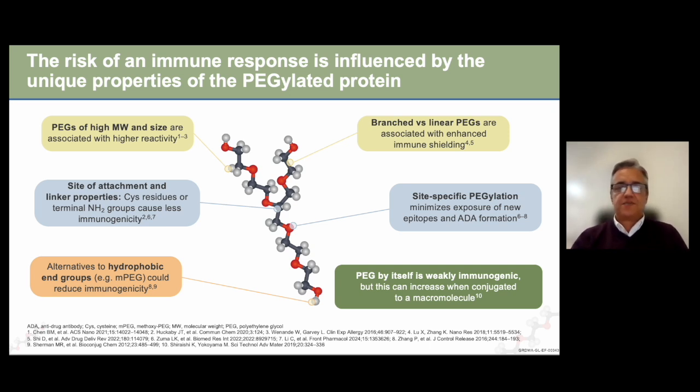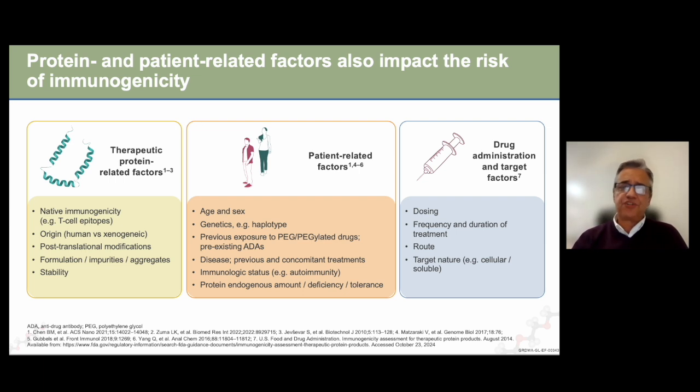So besides this, we also have protein and patient-related factors that also impact the risk of immunogenicity. So we know that immunogenicity can be triggered by therapeutic protein-related factors, as I said before, due to the origin, the post-translation modifications, stability of the protein and aggregation, but also patient-related factors. So we know that age and sex is one really important factor that might trigger patient-related immunogenicity.